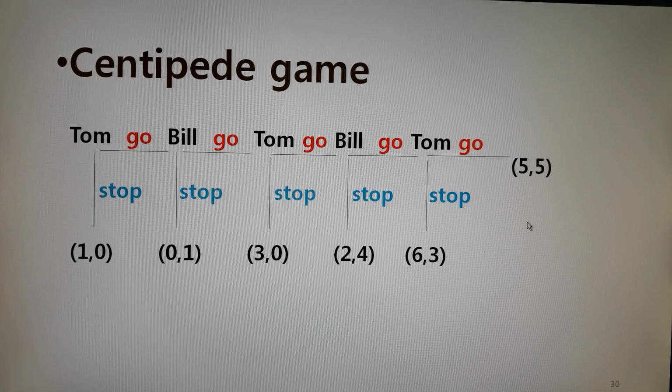Okay, so in this game, what do you expect to happen in subgame perfect equilibrium? Tom stops, game ends. But how would you write down this subgame perfect equilibrium in the exam? Of course, if you say, "Oh, Tom stops immediately, period," sorry, that's 0 points.